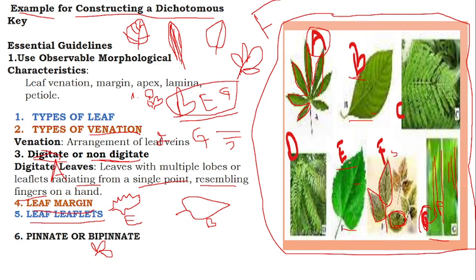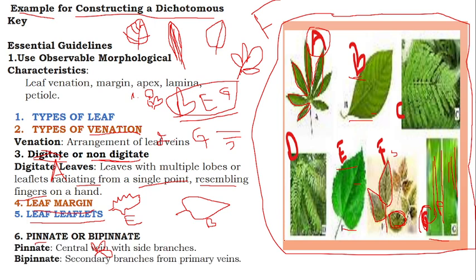Okay. Now based on bipinnate. When we say bipinnate, it is a central vein with side branches. There is a leaf that looks like this, which has other leaflets like this, like this, like this. This leaf is called pinnate.